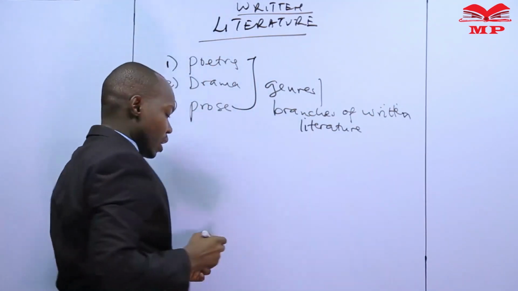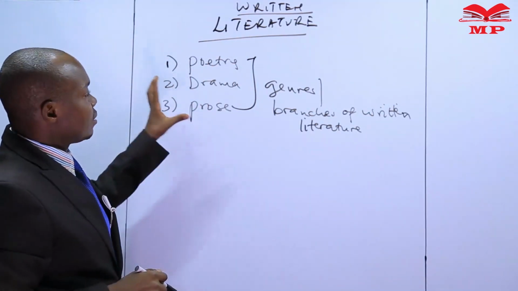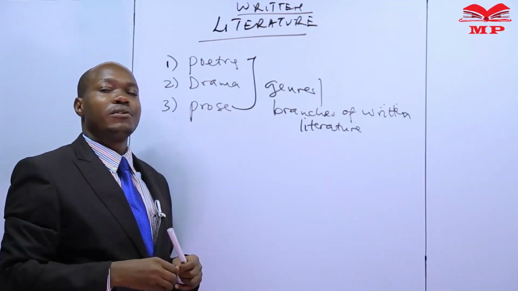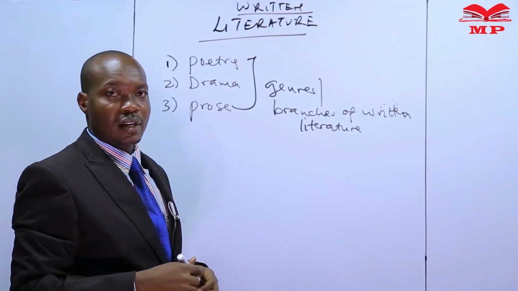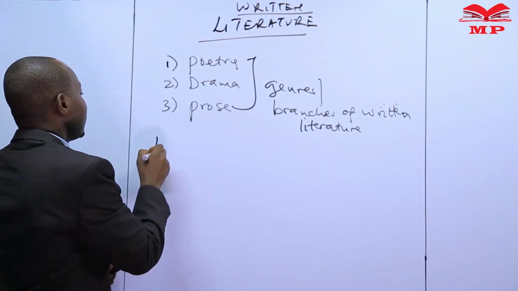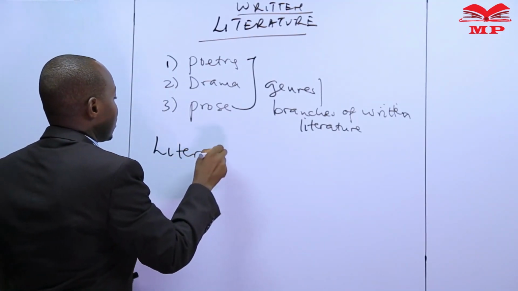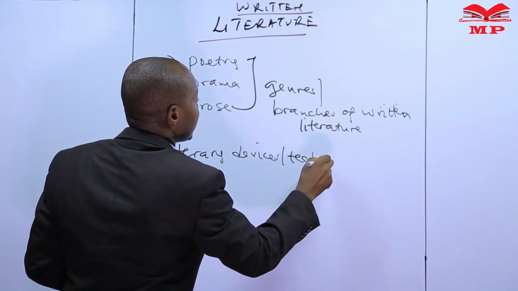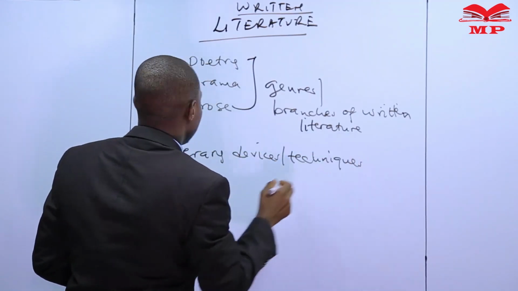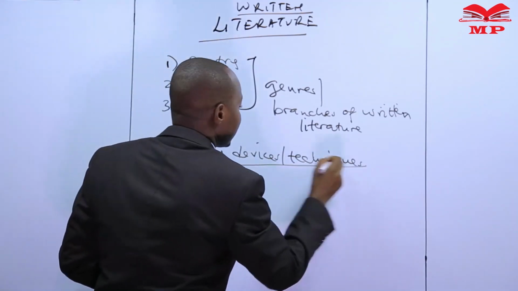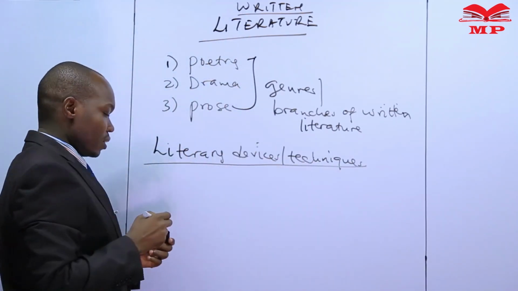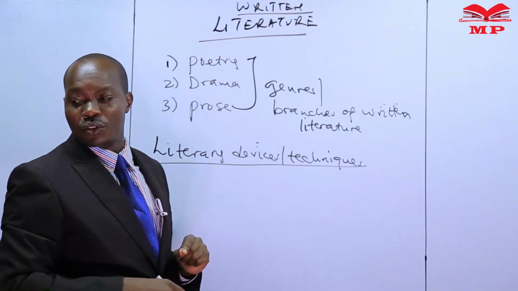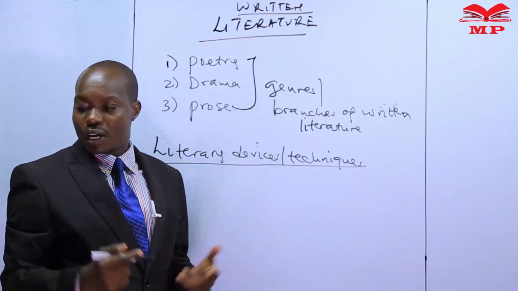For you to understand these three branches of written literature, there are some terms that are used, and they are called literary devices or techniques. These are terms which are used in all three genres. So today we're going to look at some of those terms.